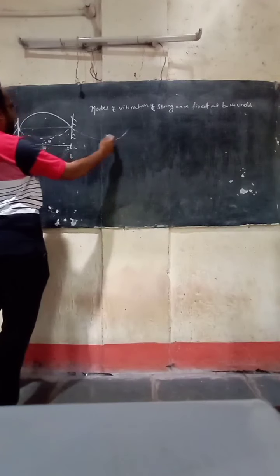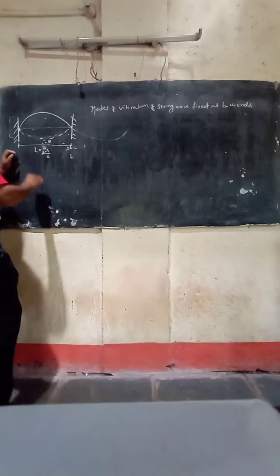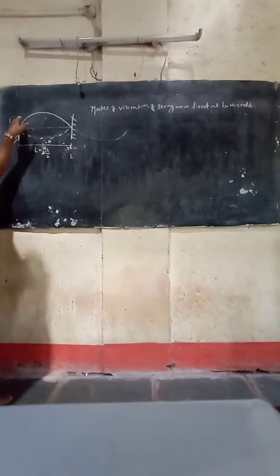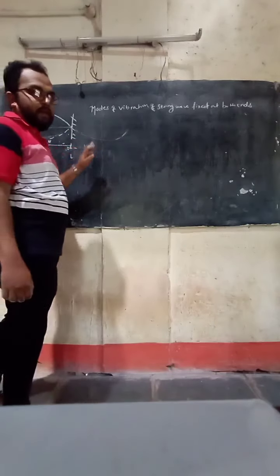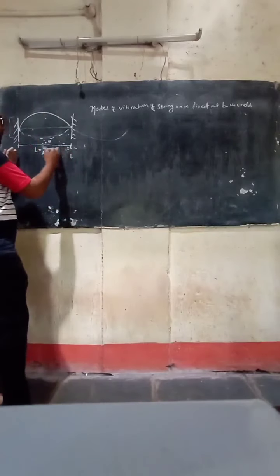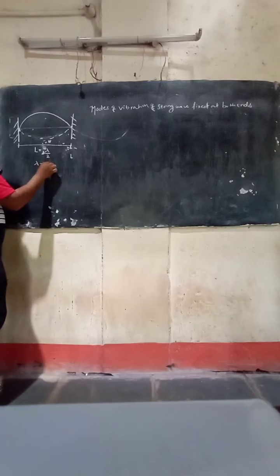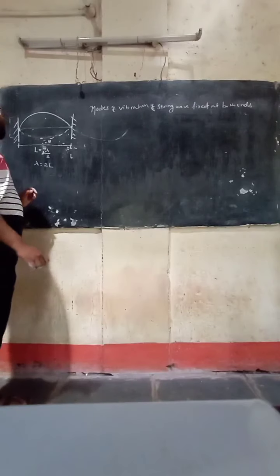Now out of this lambda, this is the half portion, so we can call it as lambda upon 2. This is lambda upon 2 because this is only half wave, only crest is here. And after completing this trough, the wave is complete. So total this distance is lambda, then this L will be the lambda by 2. And from here, this lambda will be 2L. Lambda is 2L.